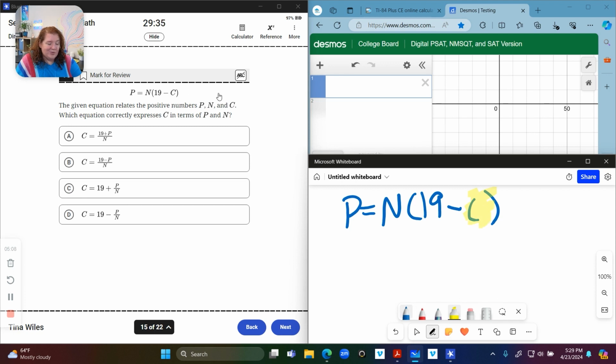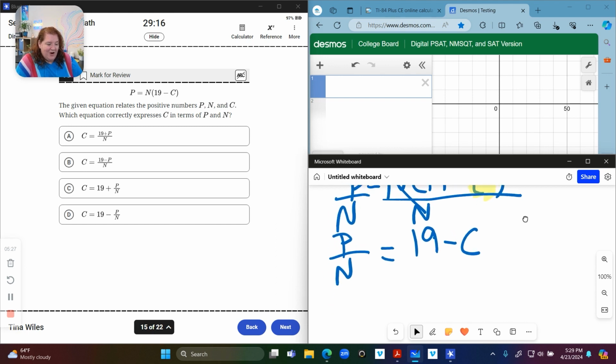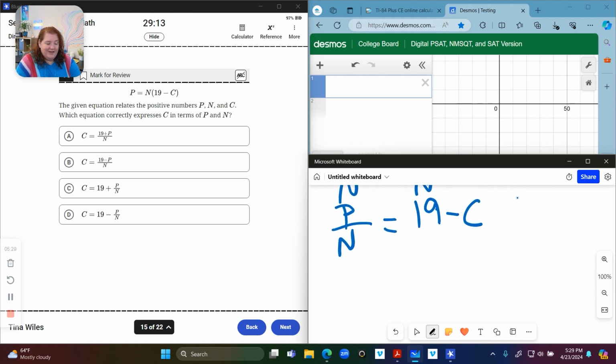That means algebraically, we have to undo everything that's around the C. So I'm going to start off by dividing by n. So now I have P over n equals 19 minus C. Now, the next step would be to subtract 19 from both sides.